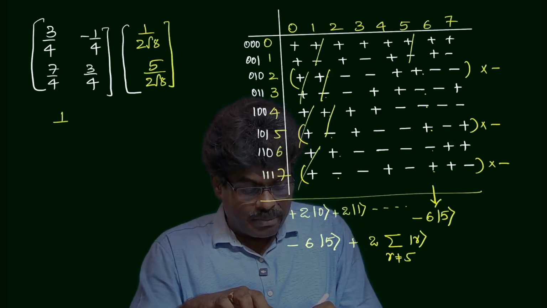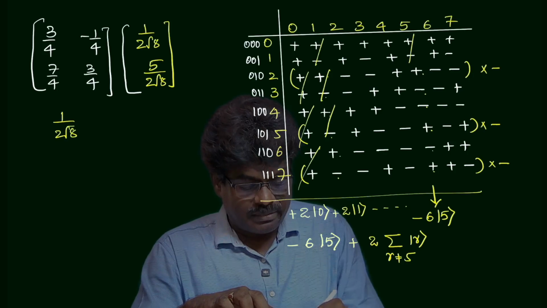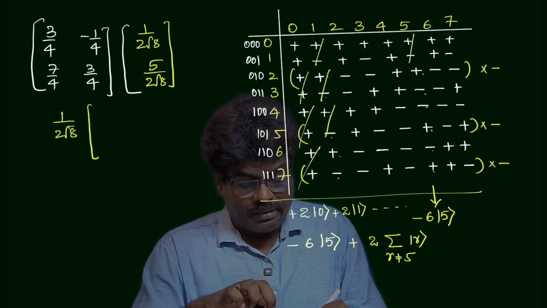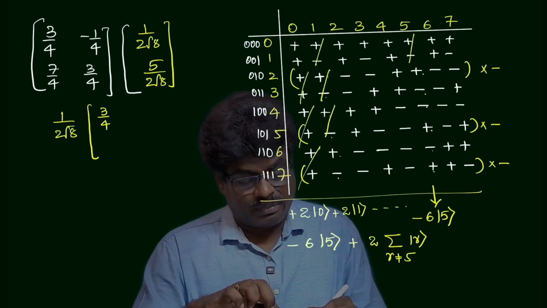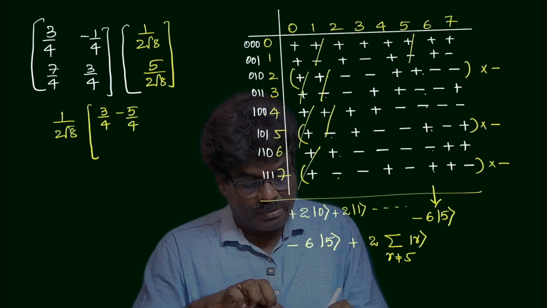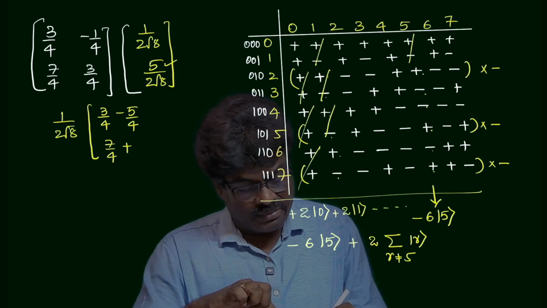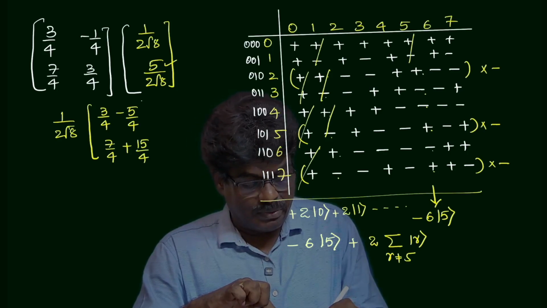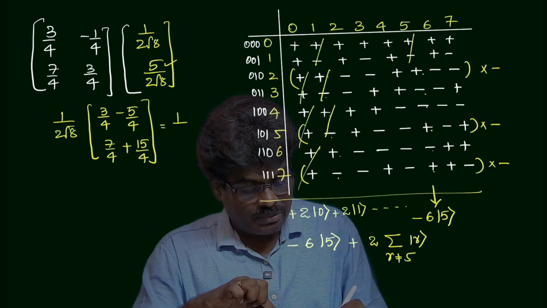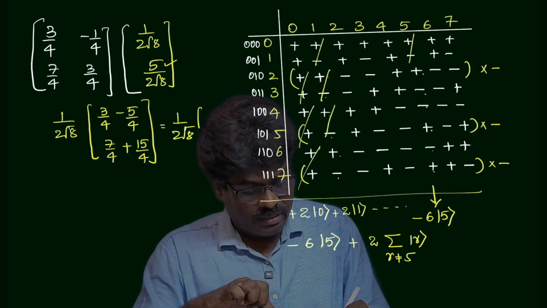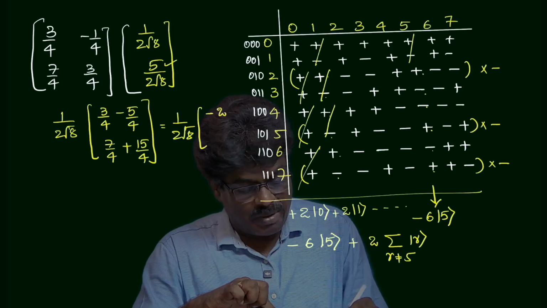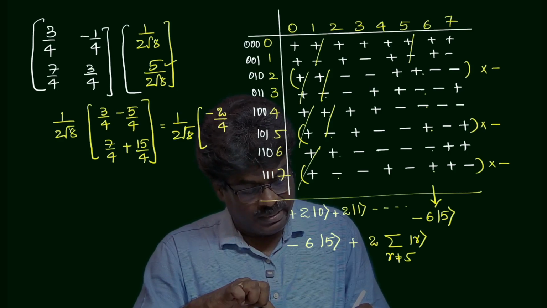So I can take out common this 1 by 2 root 8. Then here 3 by 4 minus 5 by 4, because here it is a 5, and next this one 7 by 4 plus 3 5s are 15, 15 by 4. So this is 1 over 2 root 8 and here minus 2 by 4 and this is 22 by 4.